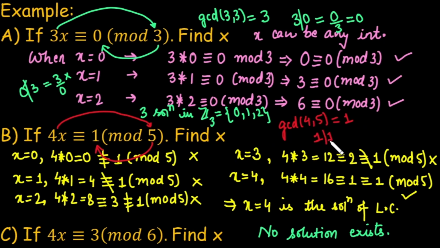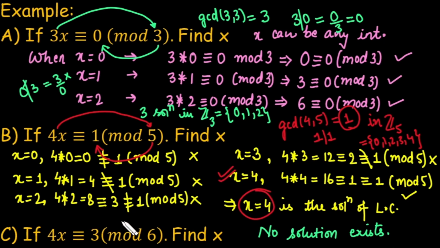Does 1 divide 1? Yes. So it has a solution. Moreover, it has one solution in Z5. Z5 means 0, 1, 2, 3, 4, and we get only one value of x in the set, which we calculated as 4.